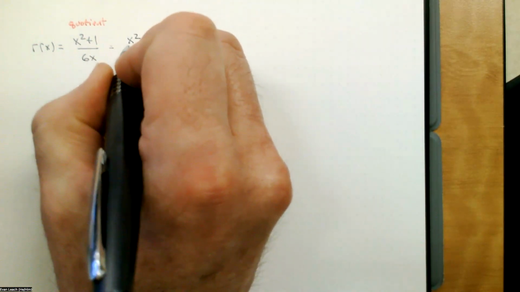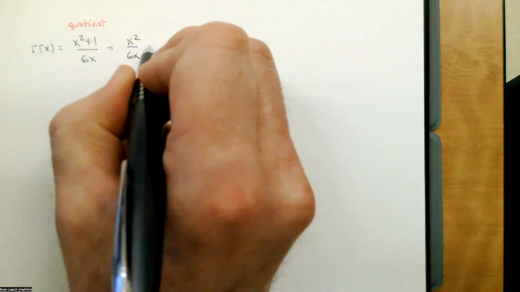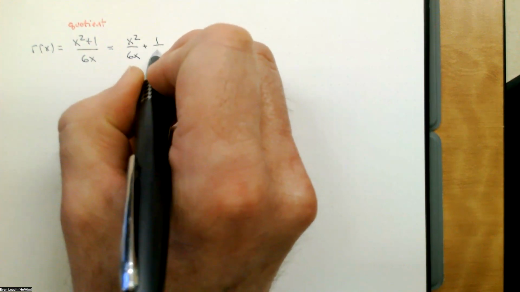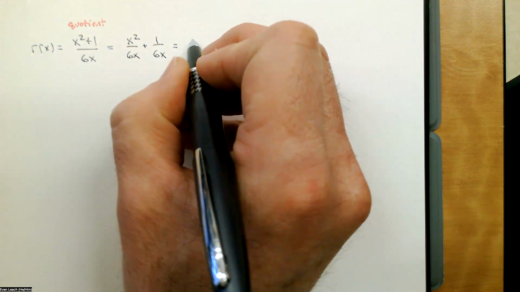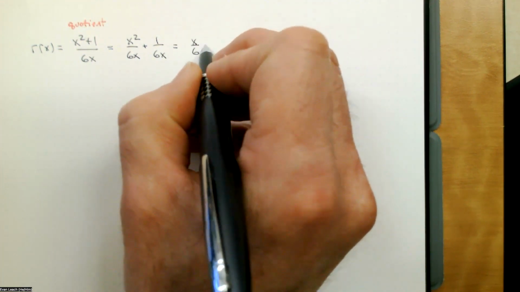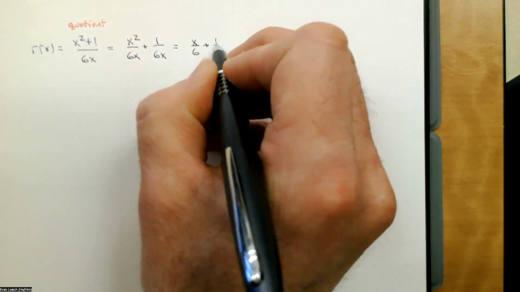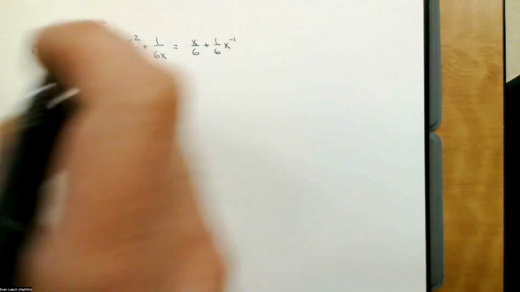So this one we could read as a quotient rule. Or we could just read this as terms. We can use our friend the distributive property and write this as x over 6 plus 1/6 x to the negative 1.